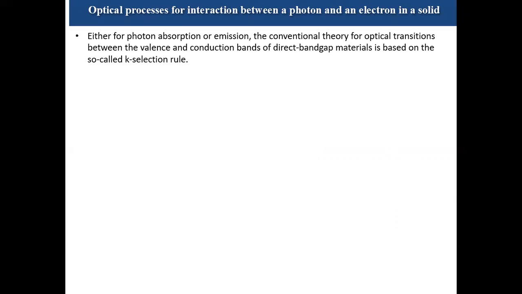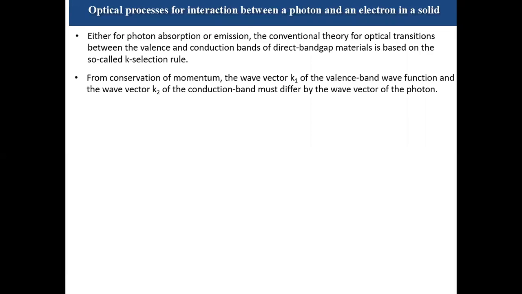The optical process for the interaction between a photon and an electron in a solid is also interesting, because for either photon absorption or emission, the conventional theory for optical transition between the valence and the conduction band of a direct bandgap material is based on a k selection rule. Some of this I've discussed in the previous class: for this kind of transition, we really need to take care of the conservation of momentum.